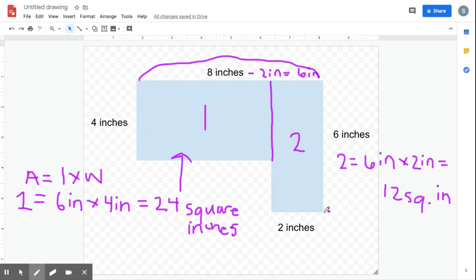All right, so am I done yet? The answer is no, because now I need to add these two areas together.